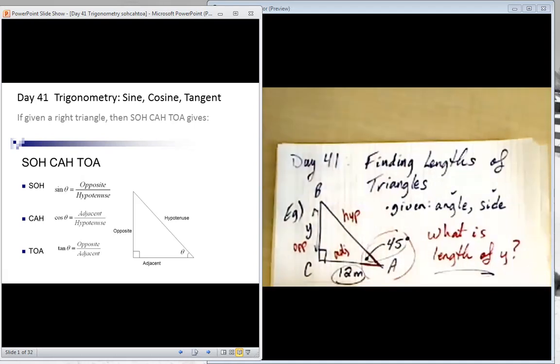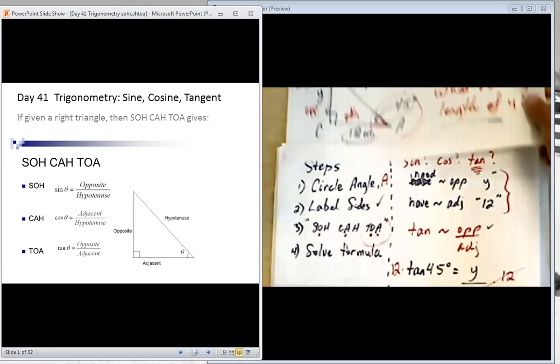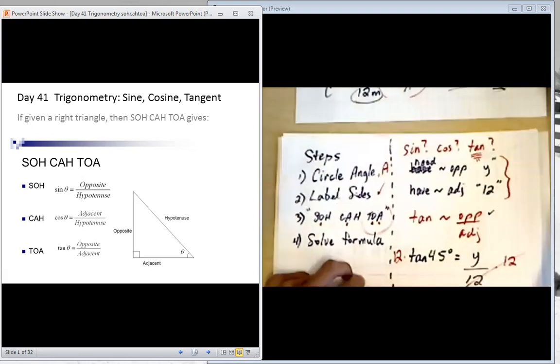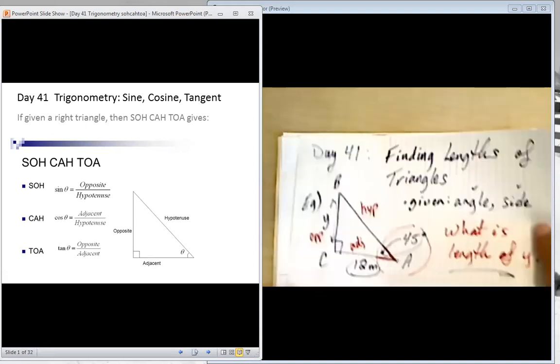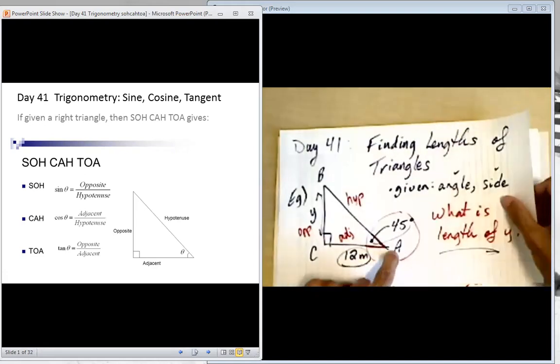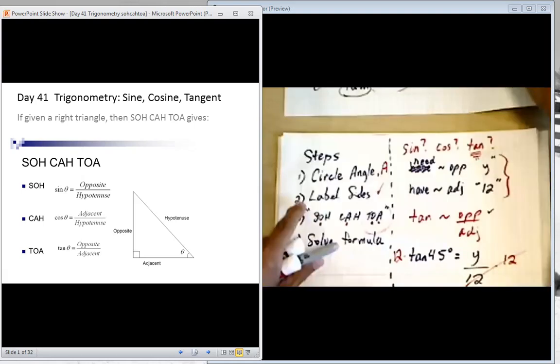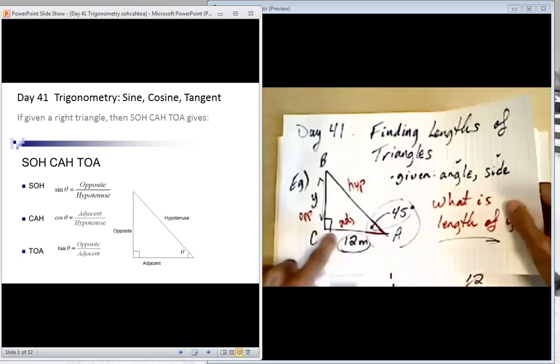So because of this particular combination, angle with a side, you do these steps here, which we've kind of done already. Circle the angle we're working with. We selected A because there's an actual number there given to us, so that makes it useful. Label the sides based on angle A, and we got all that, the opposite, adjacent, hypotenuse.